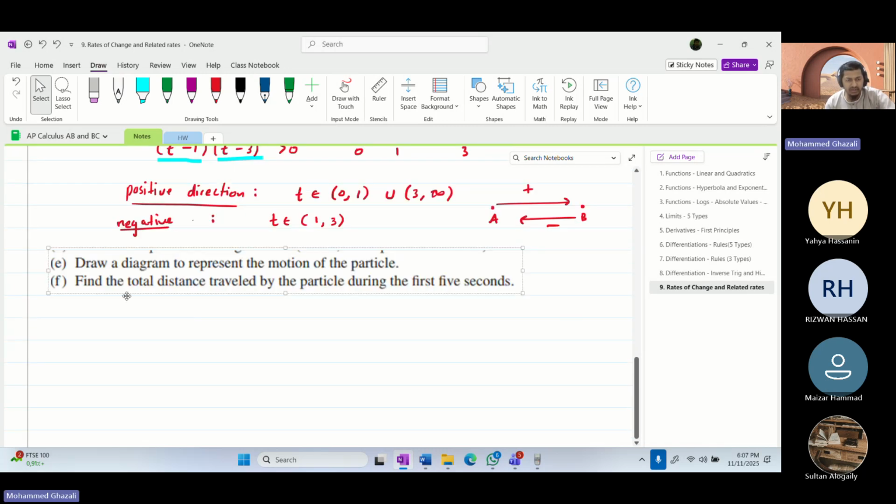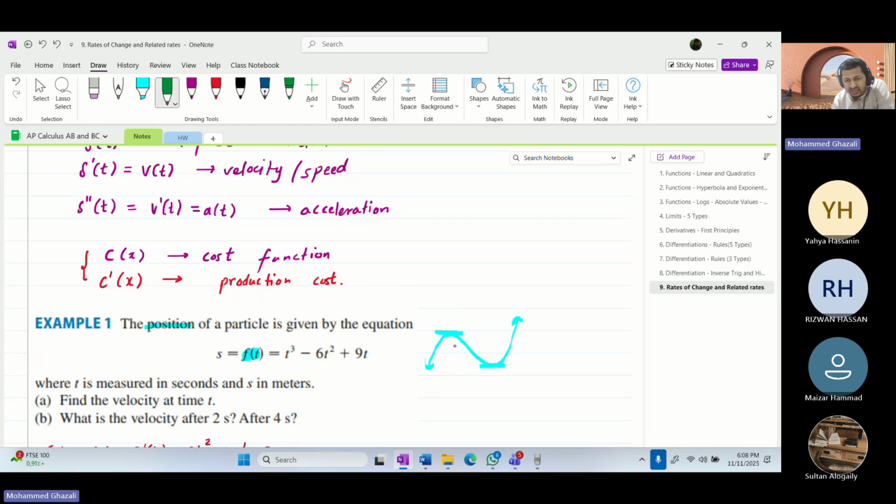So we want to draw a diagram to represent the motion of the particle, okay? Mr., does that mean a graph? Not a graph. I mean a diagram representing time and distance. Yeah, it's kind of like a graph, but we don't need to do the exact plotting.